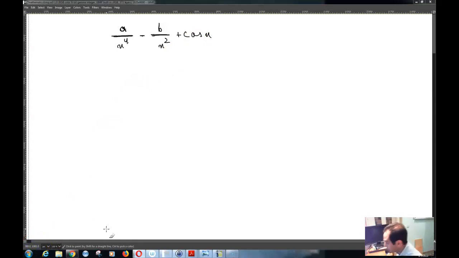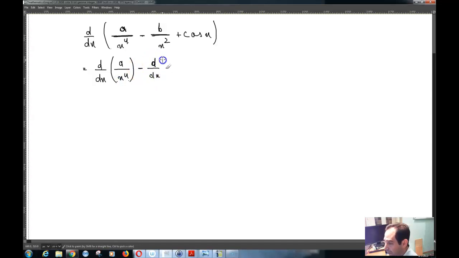So if you want to take the derivative, d by dx of this function, basically you can write it as d by dx of a over x raised to the power 4, minus d by dx of b over x squared, plus d by dx of cos x.